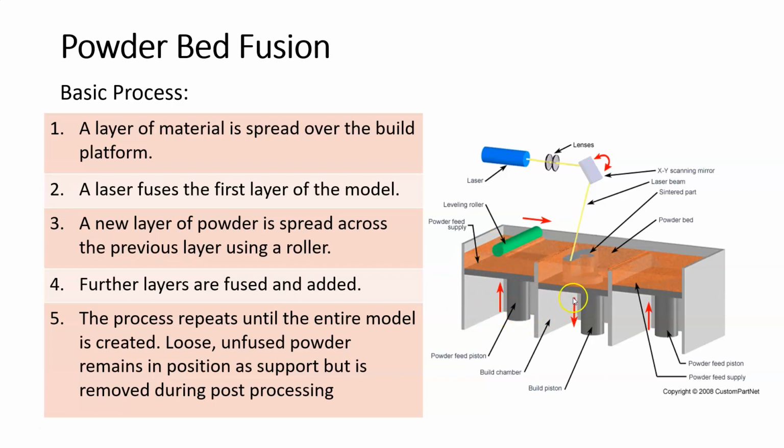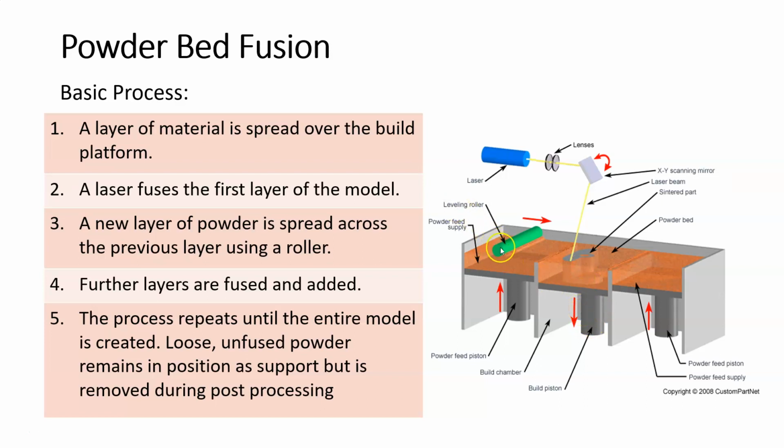In the middle area is where the 3D printing is going to occur. And here the build piston is going to be at the top level of the chamber. And actually, at the point that the initial layer is going to be formed, the build piston will move down 1 layer thickness. Whatever that is, 1 layer thickness, the build platform is going to move down.